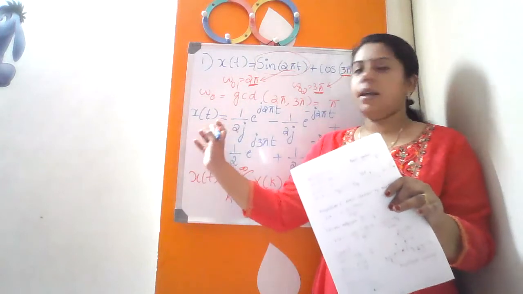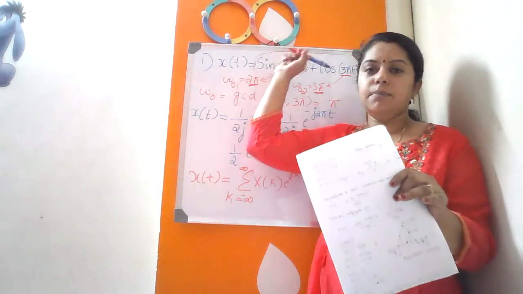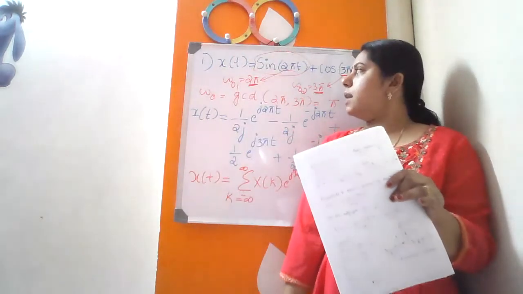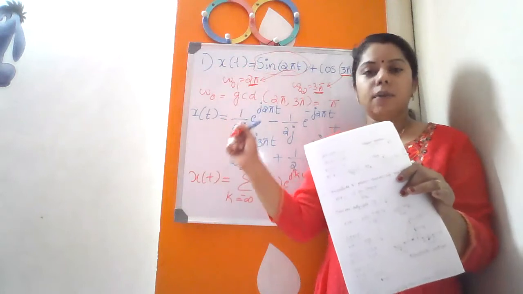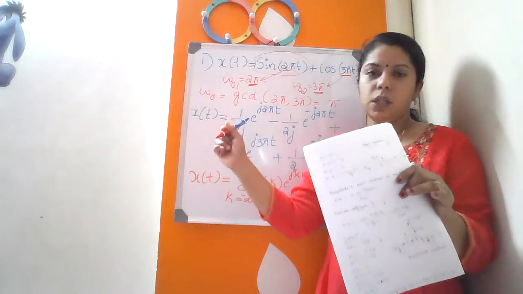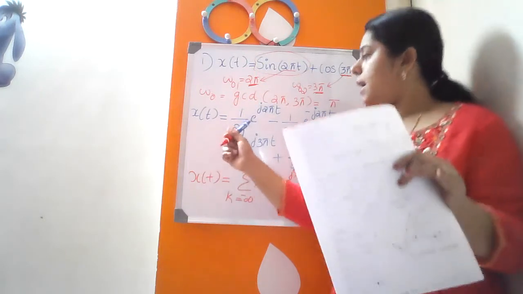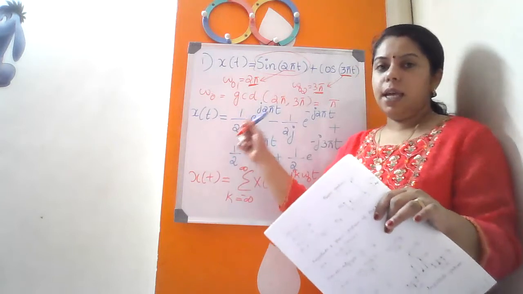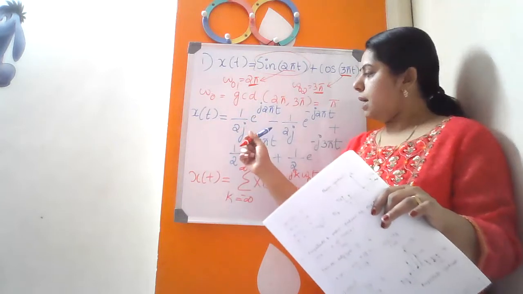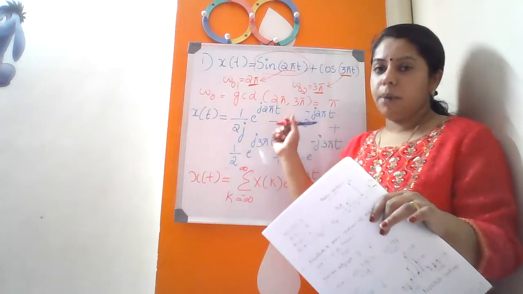Now let us rewrite this equation. It is a sine term plus a cosine term. The sine I can write as 1 by 2j, e power j theta minus e power minus j theta. That is, 1 by 2j e power j 2 pi t minus 1 by 2j e power minus j 2 pi t.